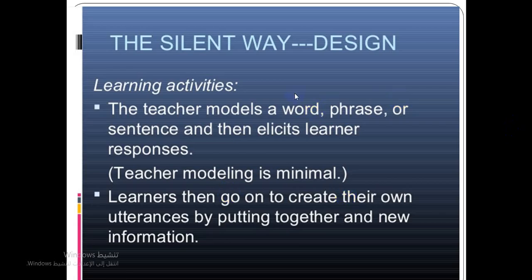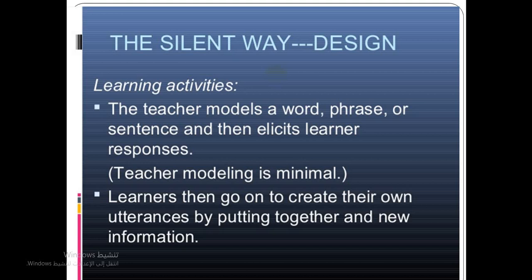What are the types of learning and teaching activities in this method? The types of learning and teaching activities depend on learners going on to create their own utterances by putting together all prior and new knowledge.